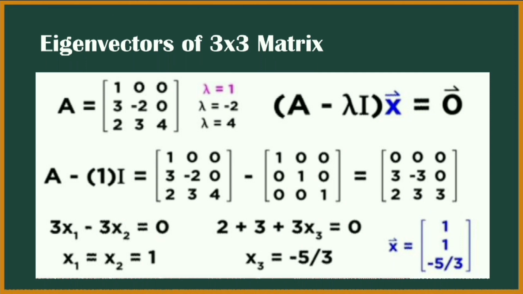So we need to add both terms and transpose it, and after that we need to divide it by 3. So we have x sub 3 equals negative 5 over 3. So our eigenvector is 1, 1, negative 5 over 3 by using the eigenvalue of 1.